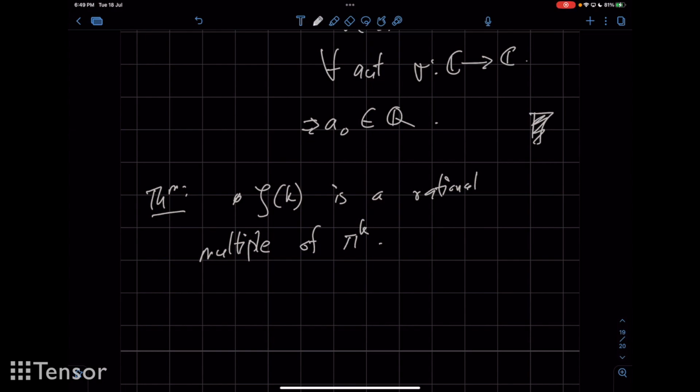Also, is zeta of 3 a rational multiple of pi cubed? Well, the only values of zeta I know are zeta of 2 and 4. We don't know. And this is for k even and greater than or equal to 8.